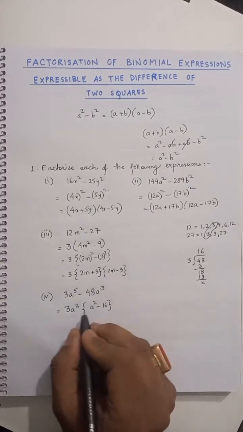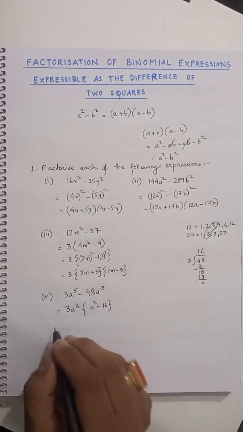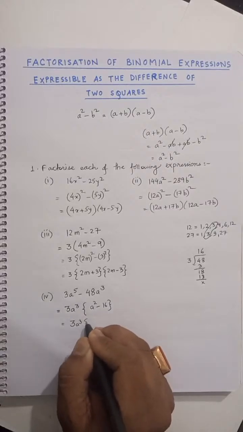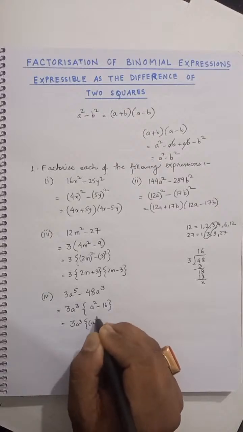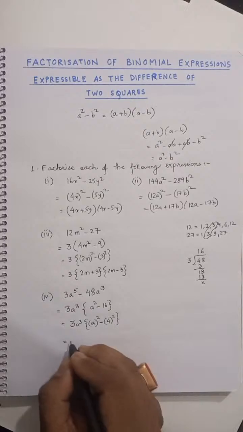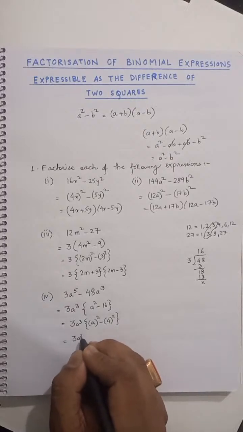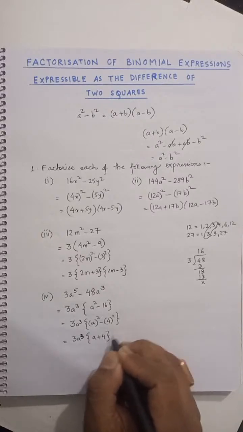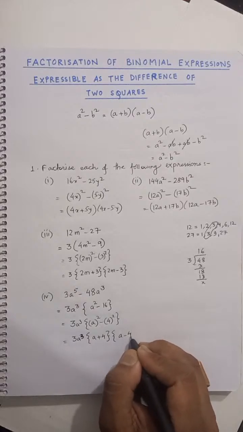Now this can be expressed as difference of two squares. So we can write 3a cube, a whole square minus 4 whole square. So 3a cube, a plus 4, a minus 4.